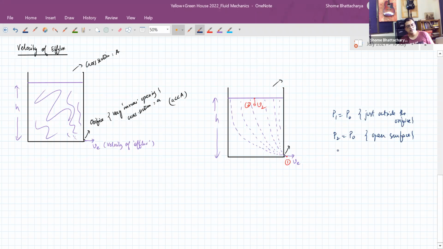And the height difference between these 2 points is equal to the height of liquid. Okay. And we also have that efflux velocity into this area of cross section a is equal to V2 into capital A, because this area was capital A. Okay, so now V2 is a by A times the efflux velocity. So V2 will be negligible or very small compared to the efflux velocity because a is very small compared to capital A.